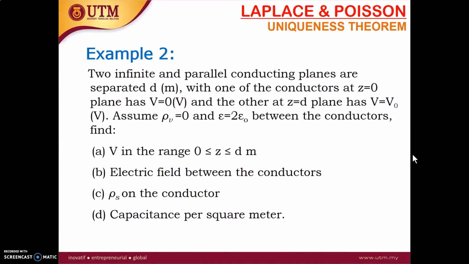Assume rho V equal to 0 and epsilon equal to 2 epsilon naught between the conductors. The first question is to find V in the range 0 less than Z less than D. Then B, the electric field between the conductors, C, the rho S, and D, the capacitance per square meter. Basically the question is the same except the capacitance is per square meter, so you have to divide the capacitance by the area.